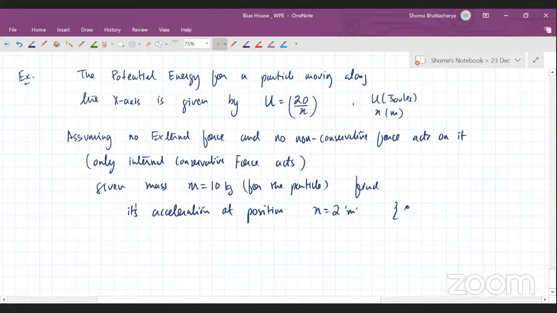We have to find both direction and magnitude. Okay, so understand the question fully first, then we'll discuss about how to solve this.